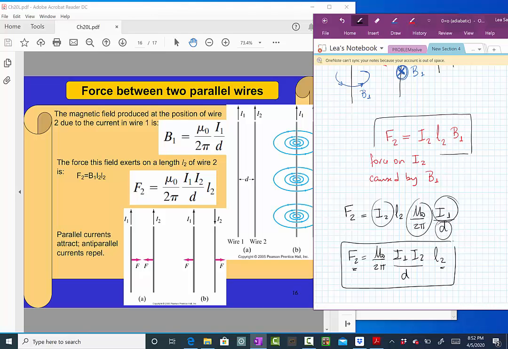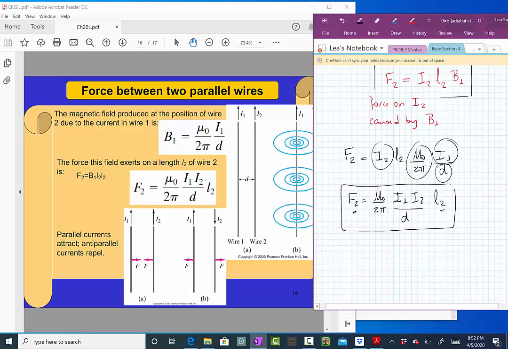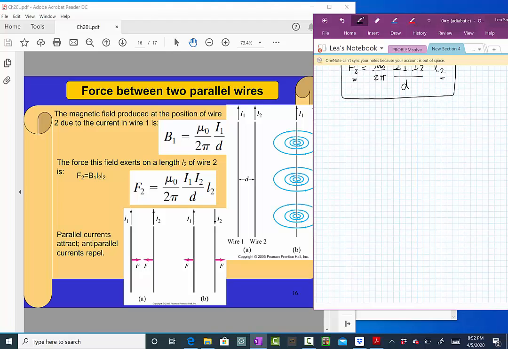Okay, now let's do the same exercise, but for the wire 1. Let's put the wire carrying the current I1, and here the wire carrying the current I2. What I want to find out now is the force on wire 1 caused by the magnetic field from wire 2.